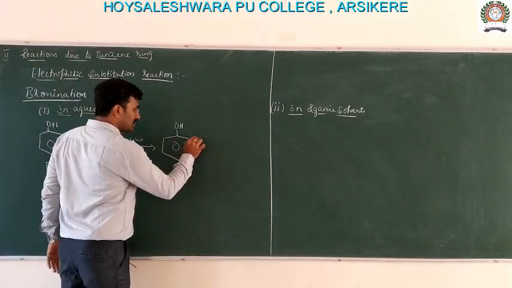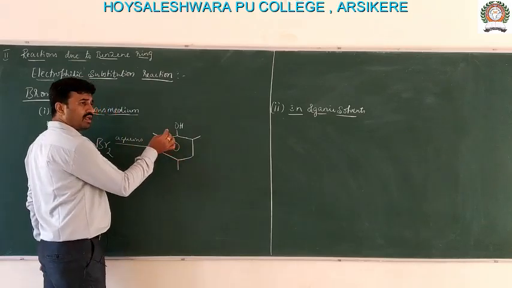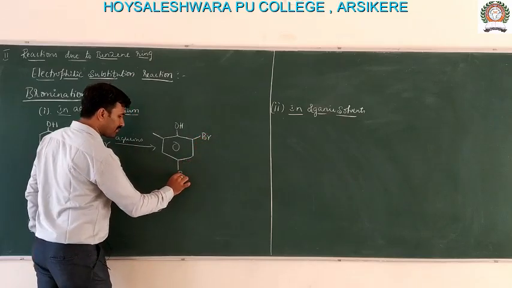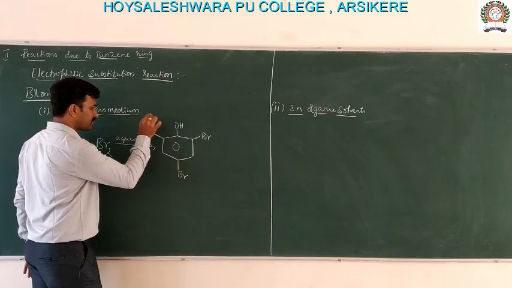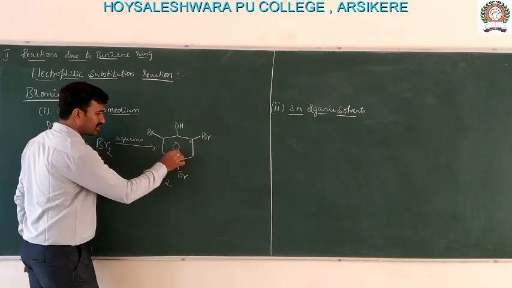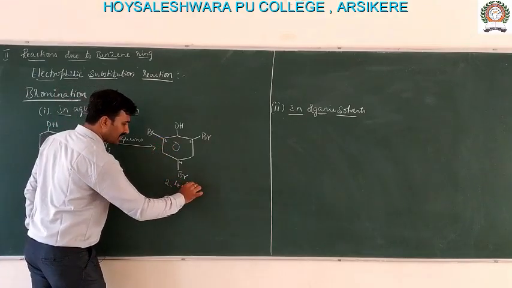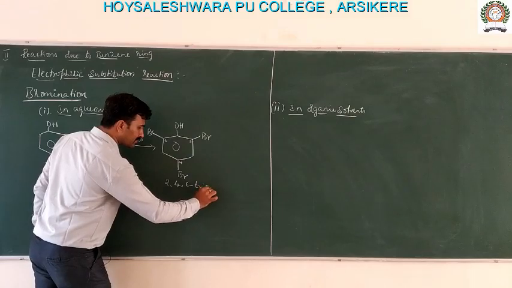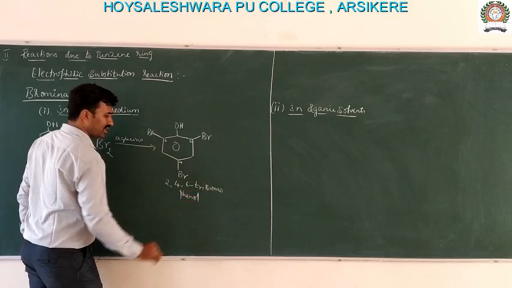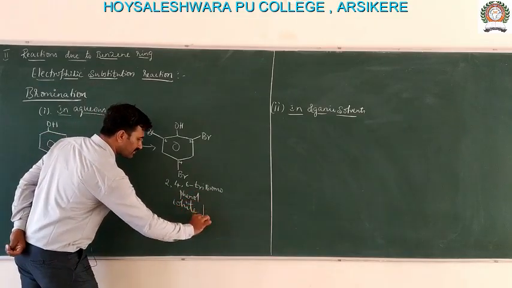All these second, fourth and sixth positions get substituted by bromine to form 2, 4, 6 tribromophenol, which is a white precipitate.